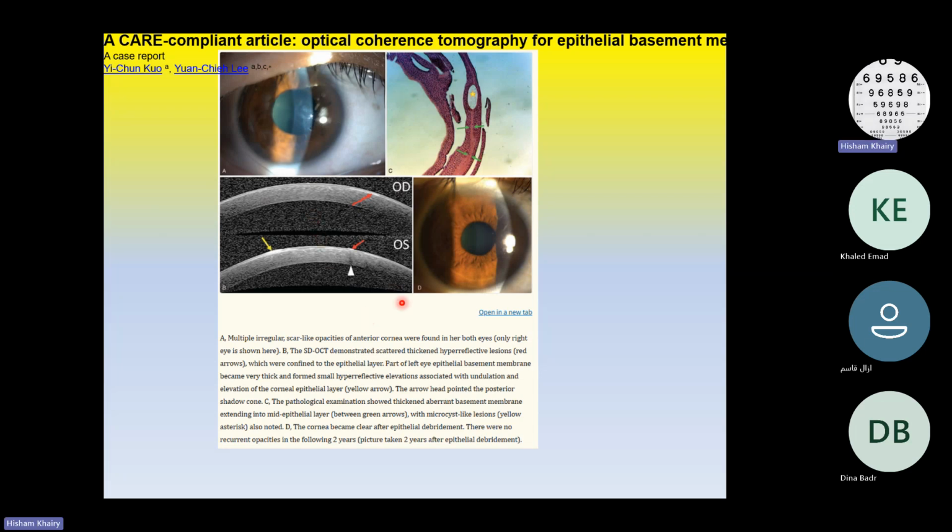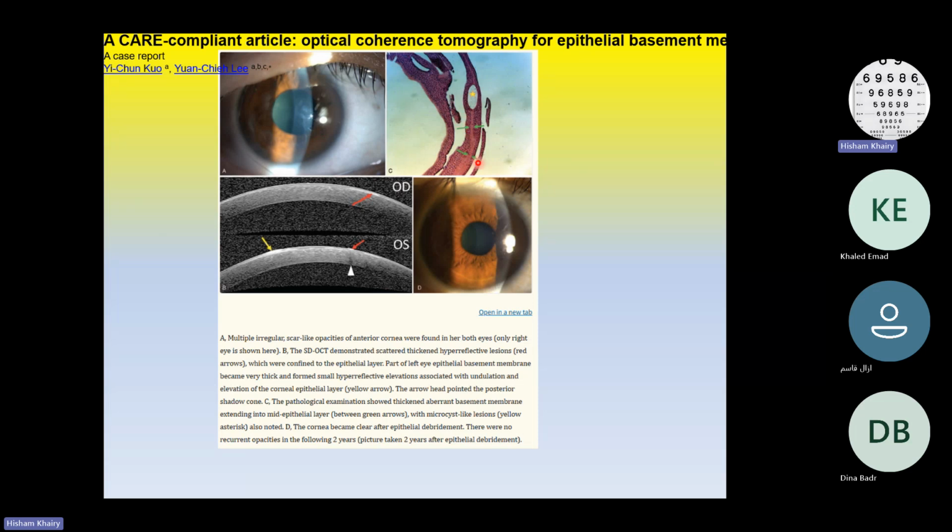Here, this patient, reported by Ku et al., had attacks of recurrent corneal erosions, bilateral, and the doctor debrided the epithelium to let a new healthy epithelium heal.